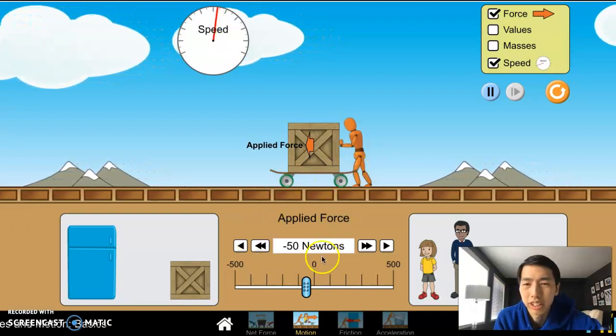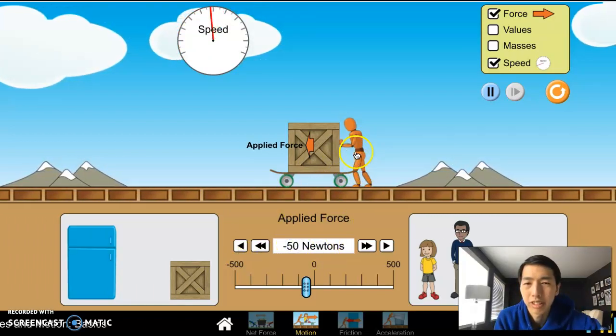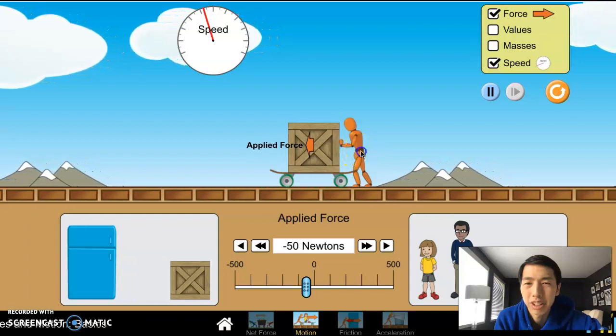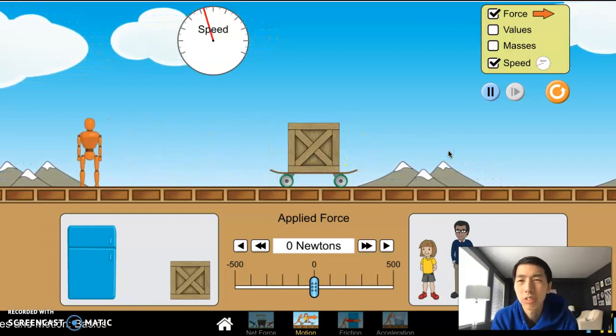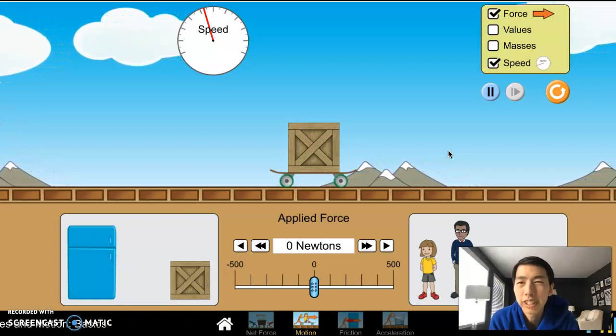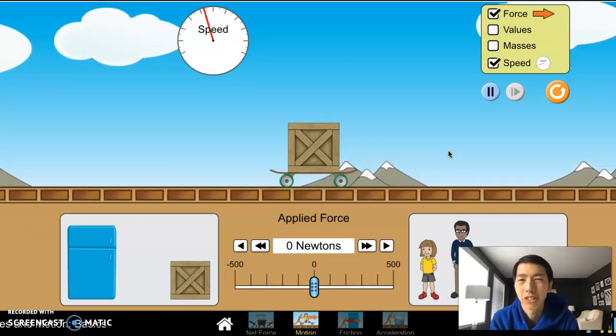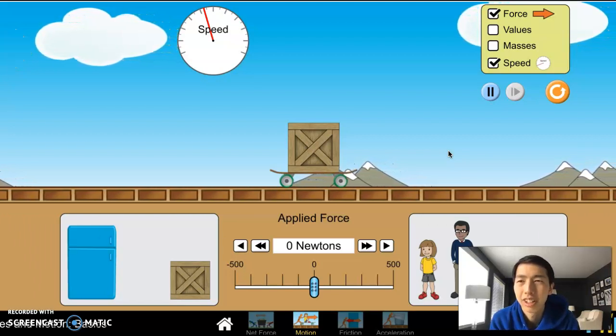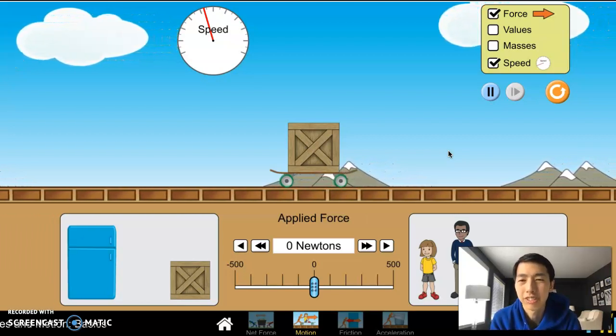Now I'm going to, let's see, can I get rid of him? Yeah, now I let go. He lets go, and you can see the speed meter is not moving anymore. So now the forces are balanced again, so the object is moving at a constant velocity.